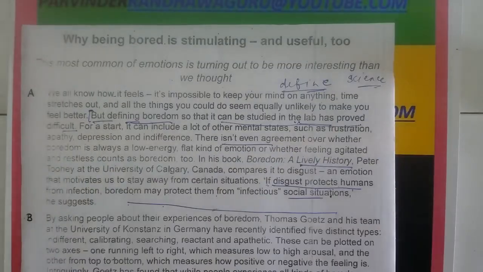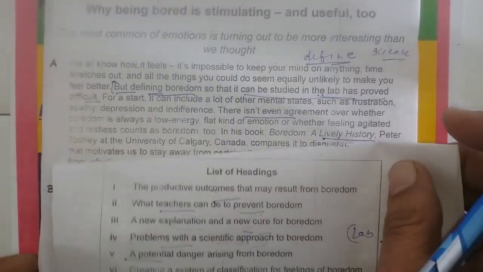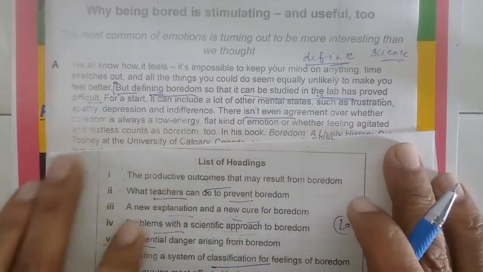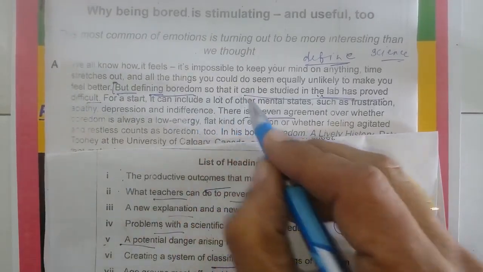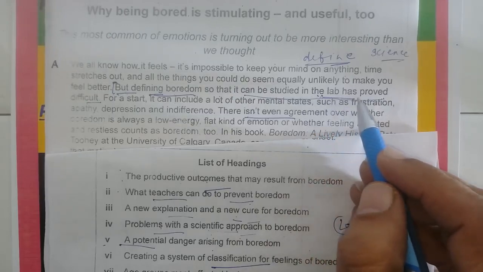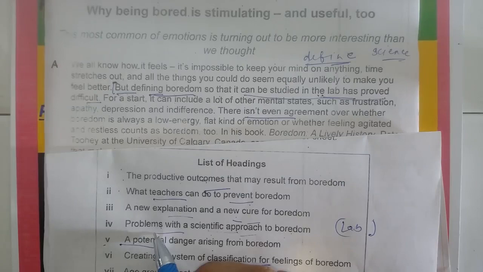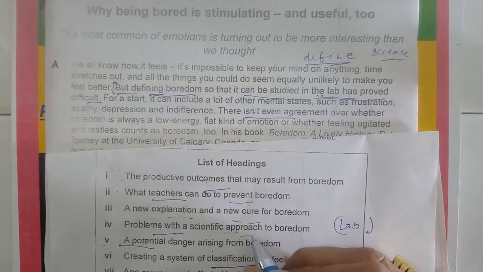The thing is that, let me fold the page, because in the initial point what we have got, he said but defining boredom so that it can be started in the lab has proved difficult. So difficult means problem here, with a scientific approach means lab here, to boredom means defining boredom.